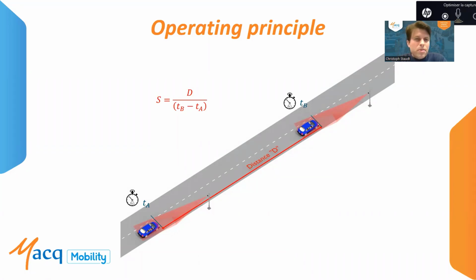It's measuring the average speed of a vehicle between 2 points, A and B. You have the distance D, which is clearly defined, which you divide by the time the vehicle has used to pass between point A and B. So D divided by the time difference, you have the average speed. This is the operating principle of this solution.